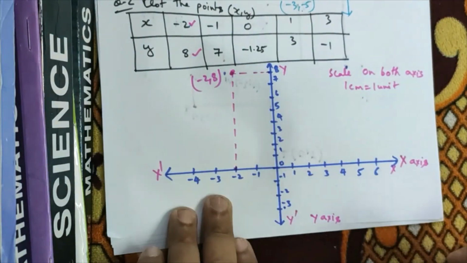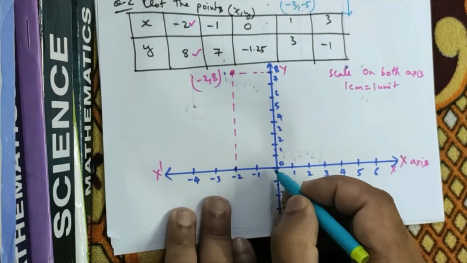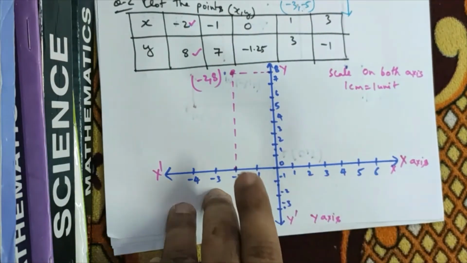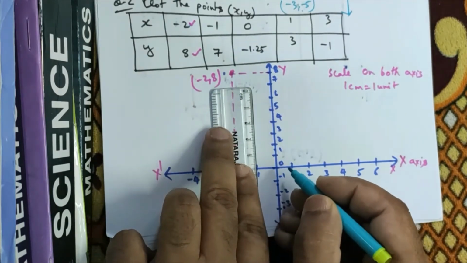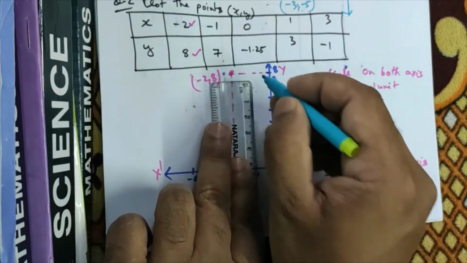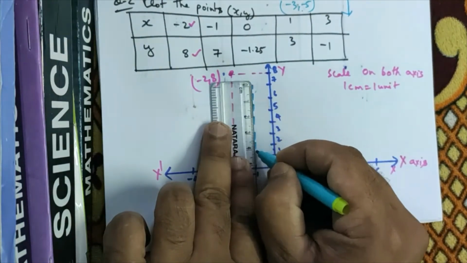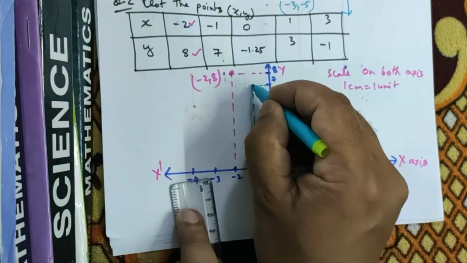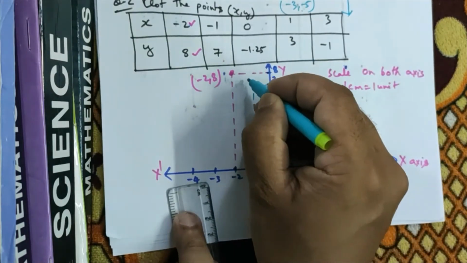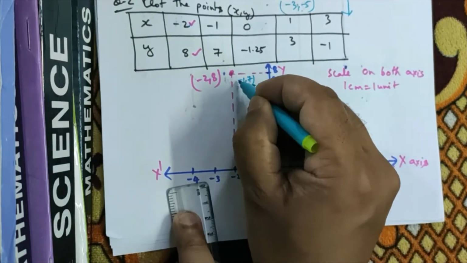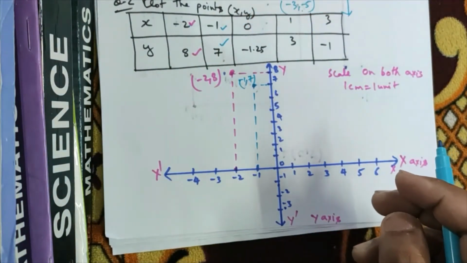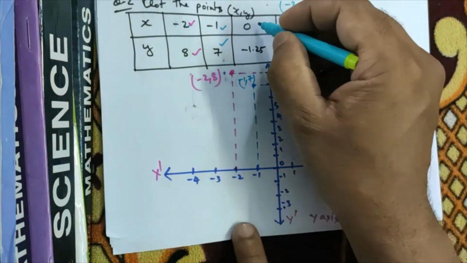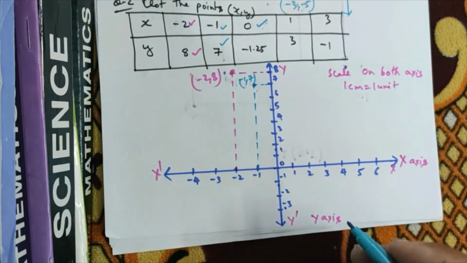Got it? Similarly, the second point is minus 1 comma 7. So x coordinate is minus 1 and y coordinate is plus 7. So perpendicular, and this will be point minus 1 comma 7. Third is x coordinate is 0, means it will be lying on the y axis, 0 and minus 1.25.